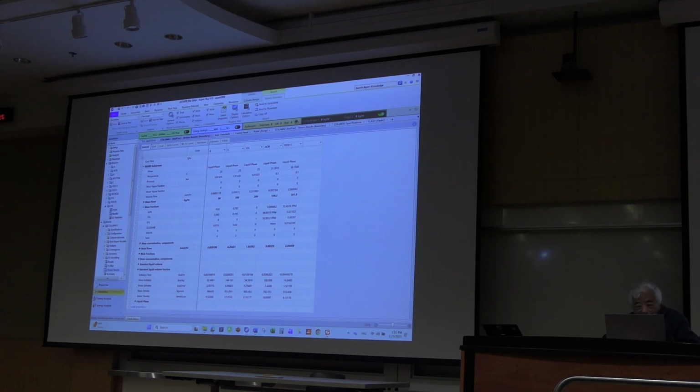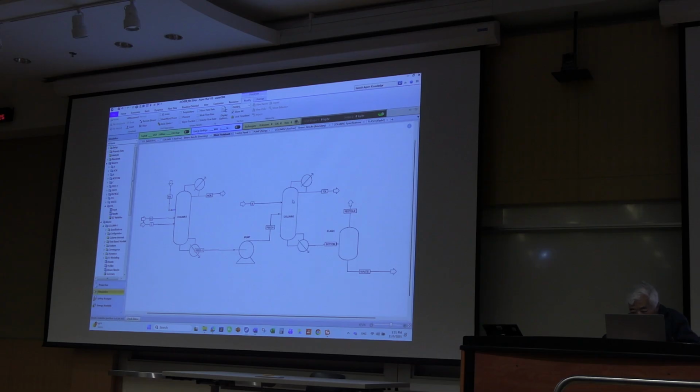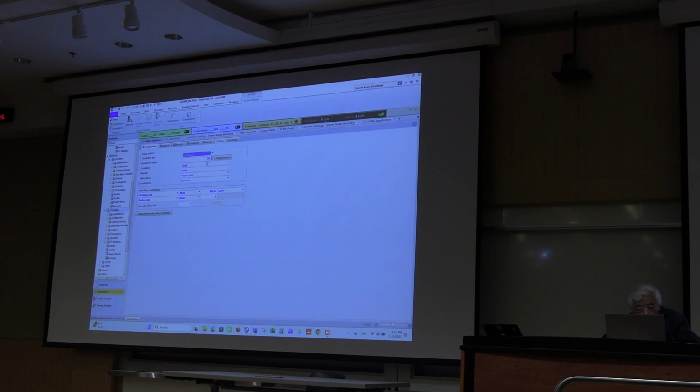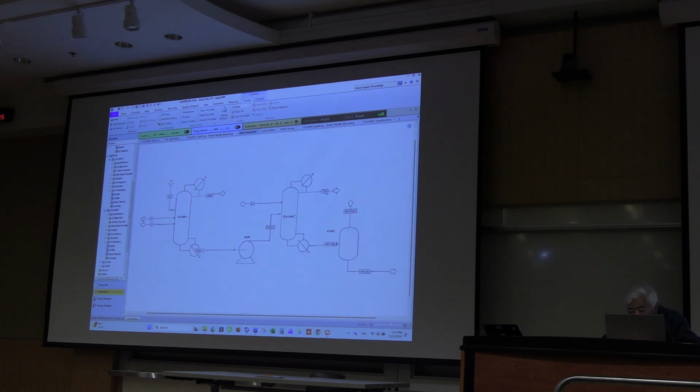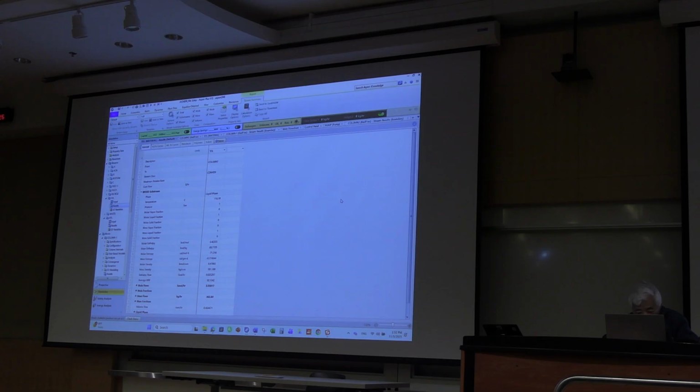Okay, so now, second column. You also should lower the number of stages, possibly the reflux ratio, and proportionally adjust the feed tray location. The goal is to get the TOL product at 0.9992 mass fraction.